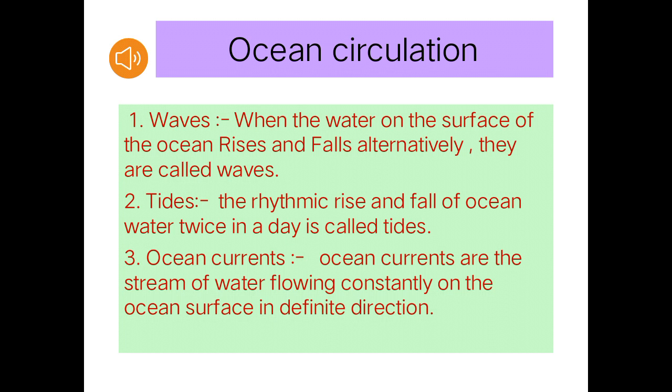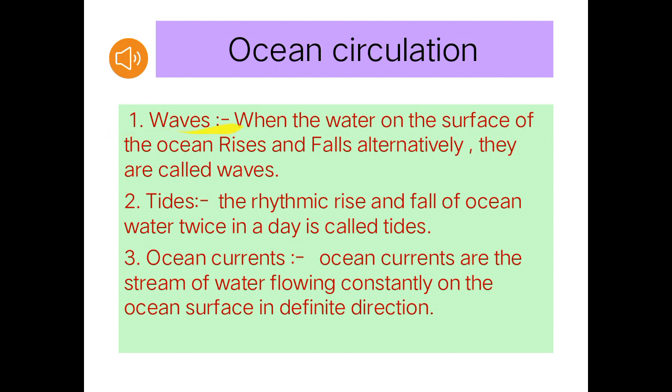It keeps moving constantly due to winds, volcanic eruption, earthquake, underwater landslide, etc. Due to these reasons, ocean circulation keeps going on. We can categorize the ocean circulation in these ways.